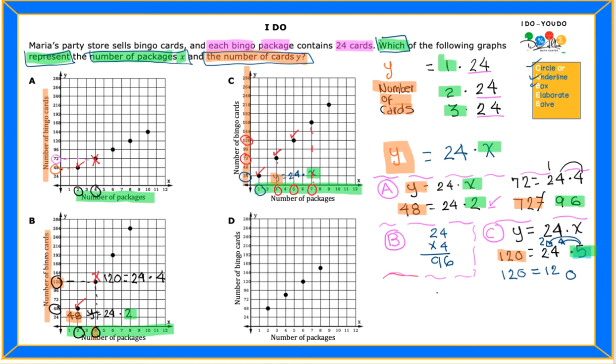This is 7. And the total here is 168. So if I multiply 24 by this 7, we should be getting 168. So let's do it.